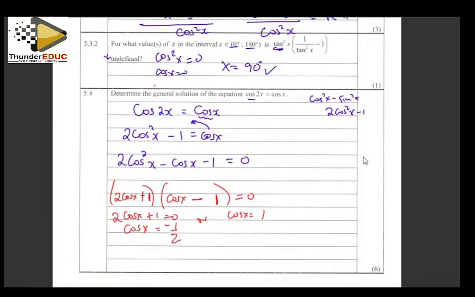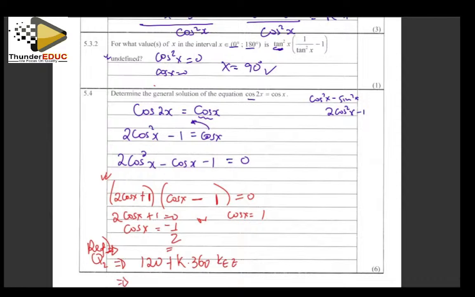If I look at the negative a half, my reference angle, the shift cos of a half, is going to be 60. But in the second quadrant, that's when cos is negative. So in quadrant number 2, I'll have 180 minus 60, that is 120, plus k times 360, k is an element of integers.